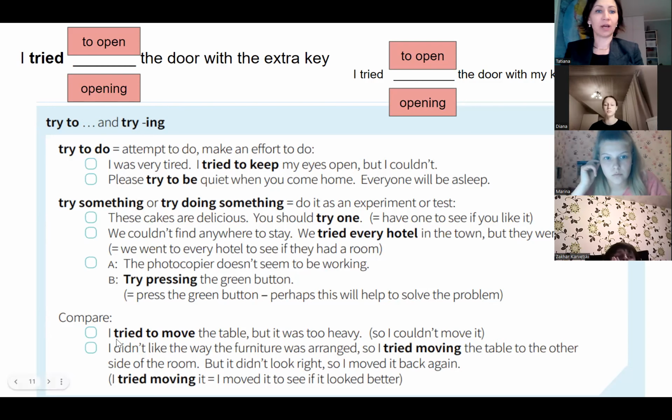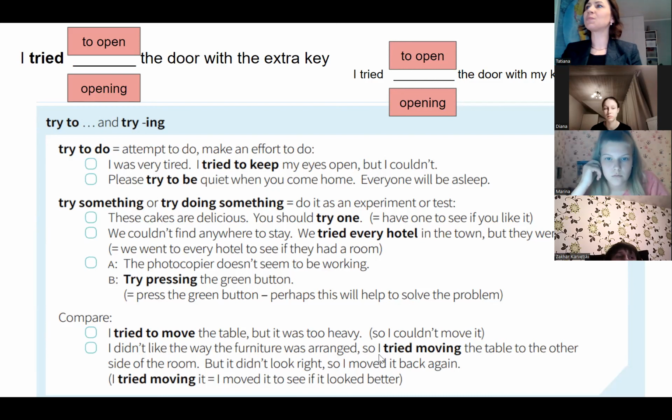Or, look, I tried to move the table, but it was too heavy. So I put effort into it. I didn't like the way the furniture was arranged, so I tried moving the table to the other side of the room, but it didn't look right. So I moved it back again.